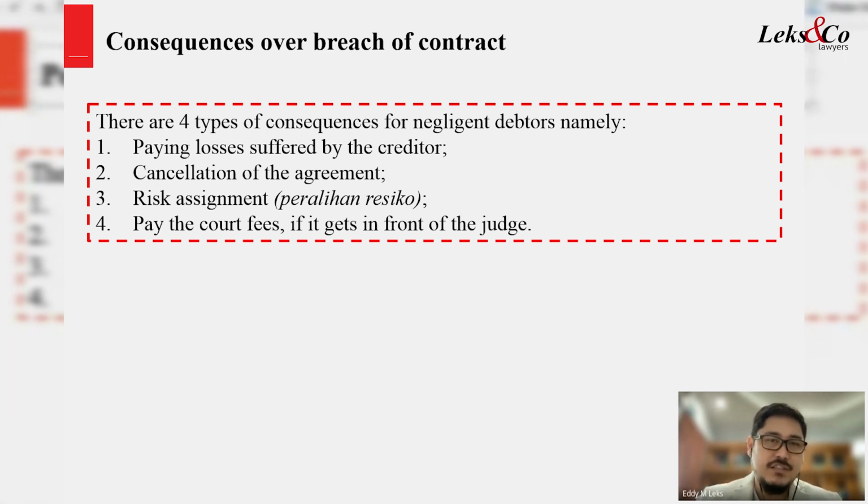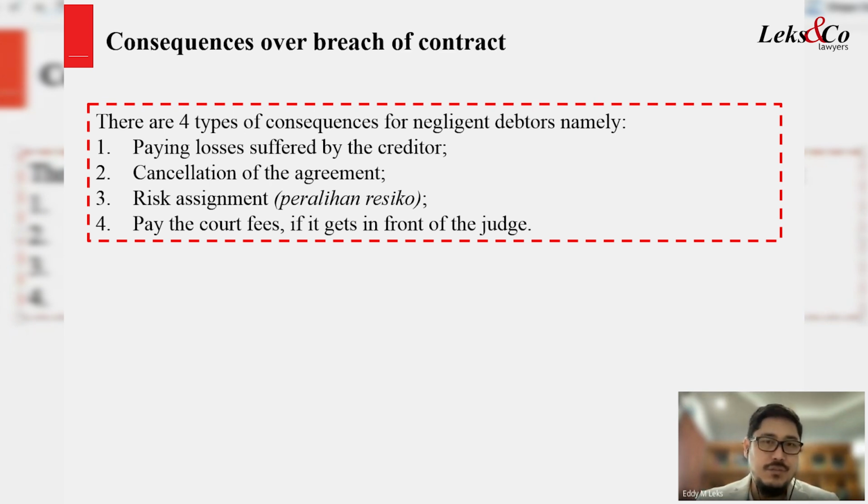Okay, let's say these are the consequences of a breach of contract. There are 4 types of consequences for negligent debtors or defaulted debtors. Paying losses, of course, right? So this is the most common.